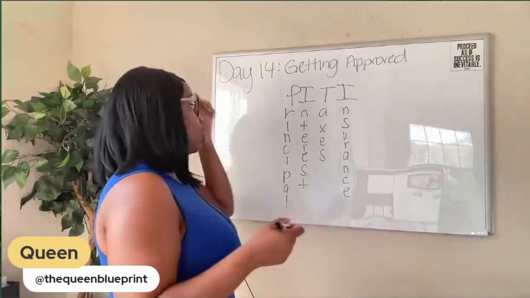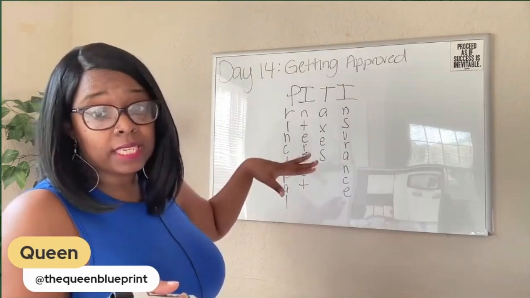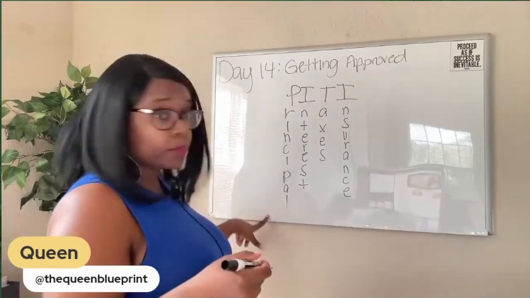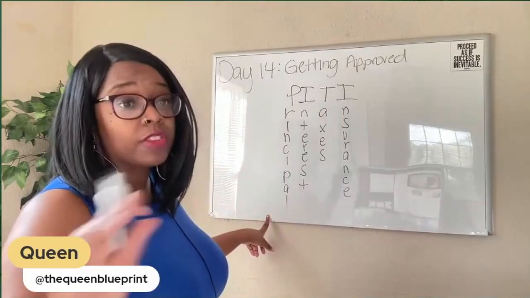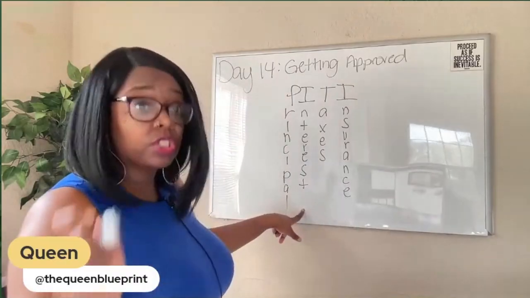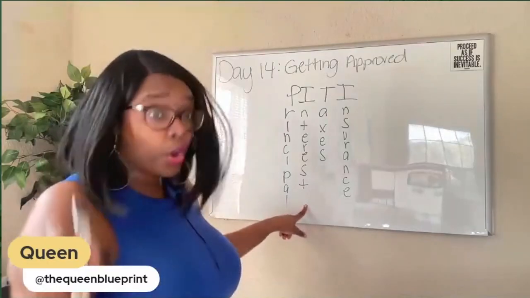So you have to have enough for your PITI, 2 to 4 months reserves of the principal, which is the amount that you're going to owe on the actual mortgage itself, your interest, which is going to go to the lender. This is basically a payment to the lender for borrowing their money.